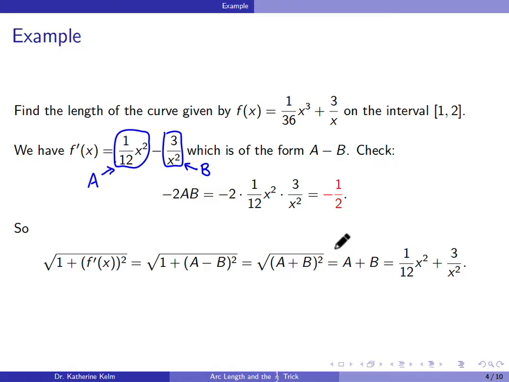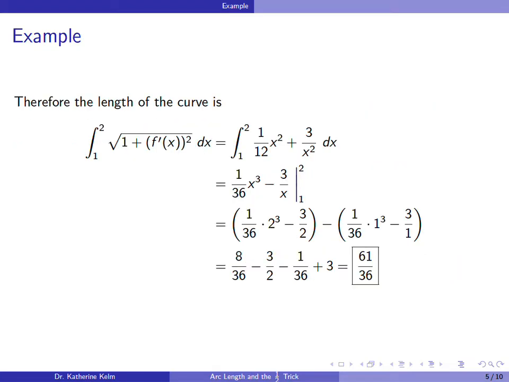And therefore we don't have to worry about absolute values in this step. So the square root undoes the squaring, and we end up with a plus b, which is 1/12 x squared plus 3 over x squared. This means our integrand is going to be easy to work with.